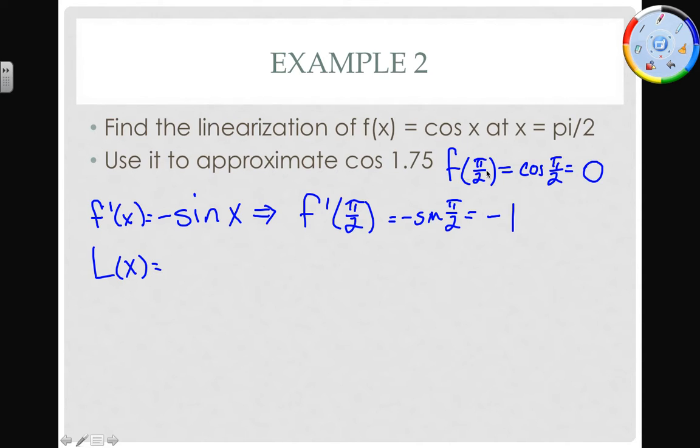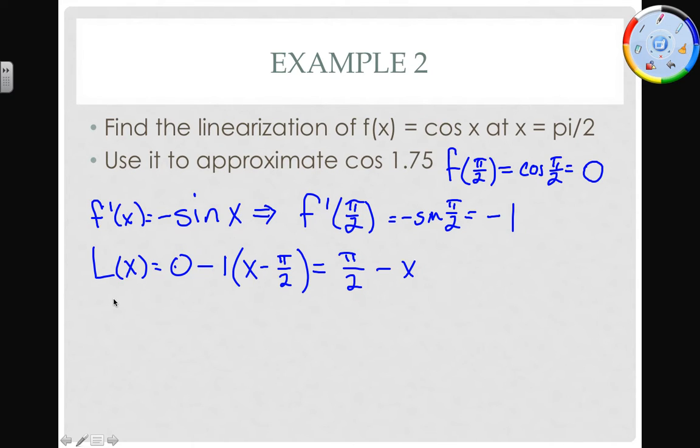L of x is f of a, which was 0, minus, in this case, because it's a -1, it would normally be plus a -1 here, but I'm going to just write it as a -1, times x minus pi halves. If I simplified this down, this is going to get me pi halves minus x.